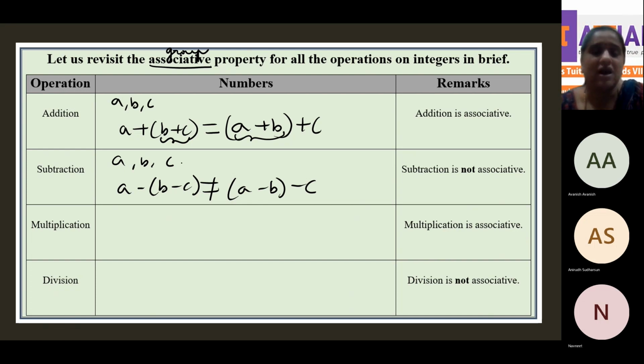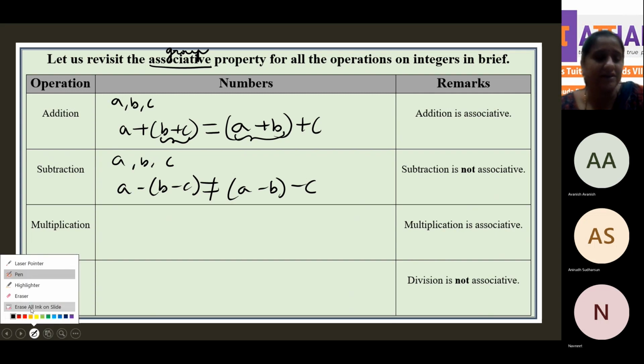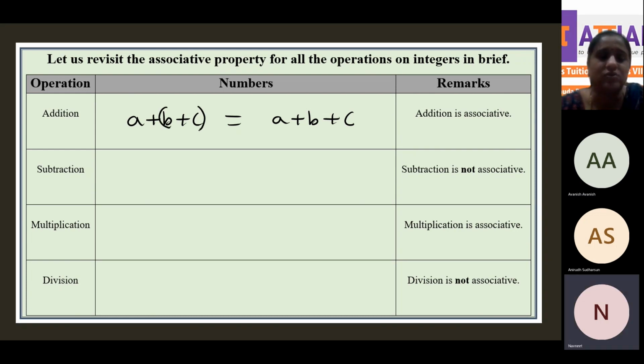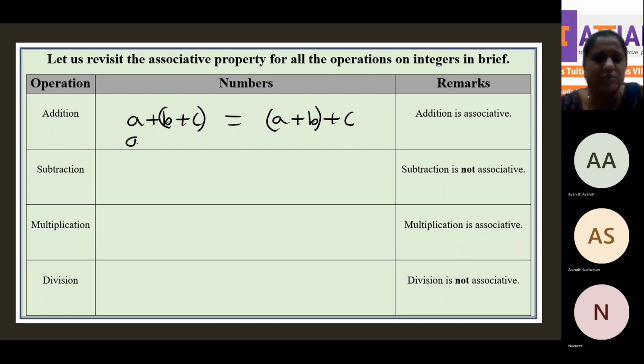So when A, B, C are 3 integers, A minus B minus C is not the same as A minus (B minus C). See here, children, it's very easy. I'll write it for you. Write (A plus B) plus C is equal to A plus (B plus C). Can you write this, all of you? Here put a bracket for the last two, here put a bracket for the first two. There is no rule; you can put the bracket.